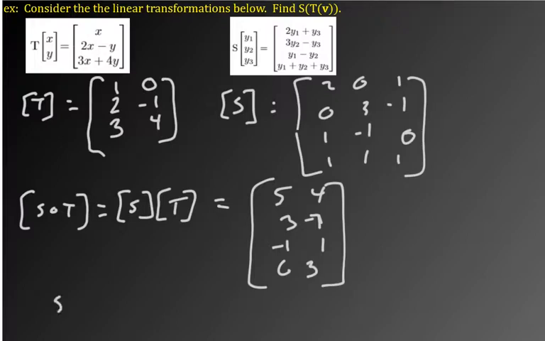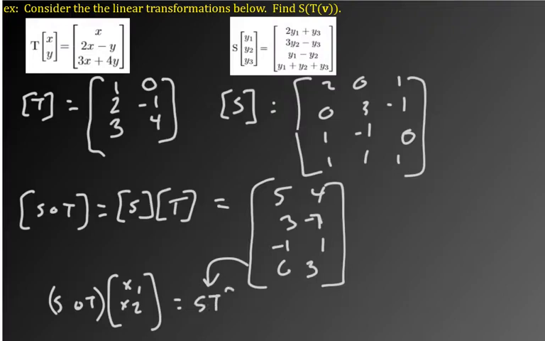So we're going to do S composed with T, this thing operating on X1, X2, because that's where T starts, an R2 vector. And then you can just take that matrix, the matrix ST, and multiply it by X1, X2.